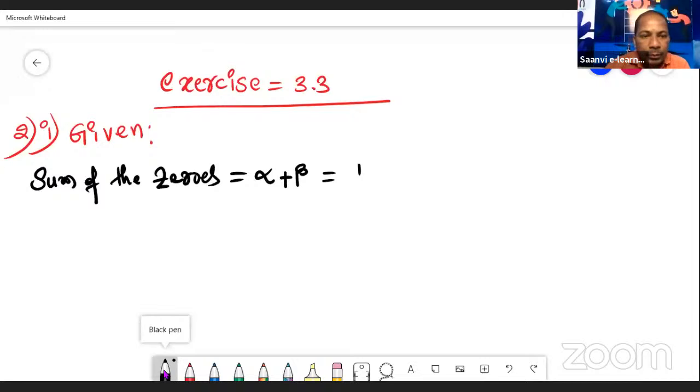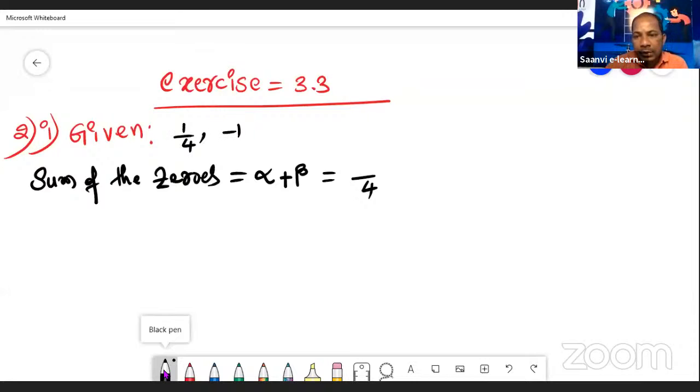The given two numbers are 1 by 4 comma minus 1. In this, 1 by 4 means the sum of the zeros.